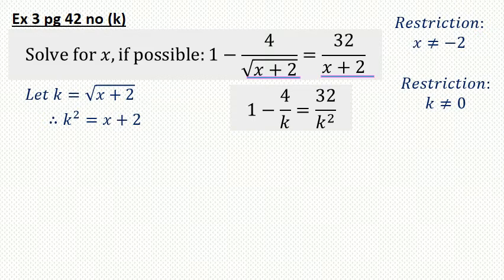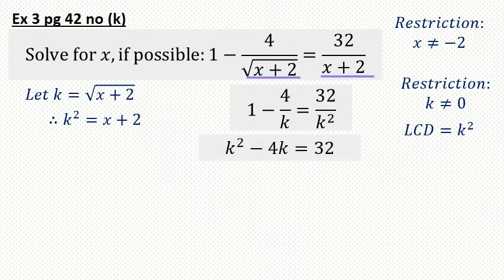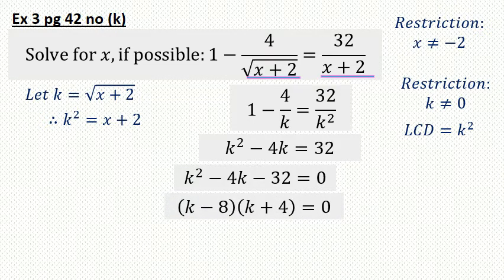We cannot have k be equal to 0 because then our entire equation is undefined. But we can find an LCD, and that is k squared. Multiply 1 by k squared, multiply -4 by k, and leave 32 as is, and voila, we are closer to that trinomial format, which can be factorized, and we can find a value for k. K will be 8 or k will be -4.